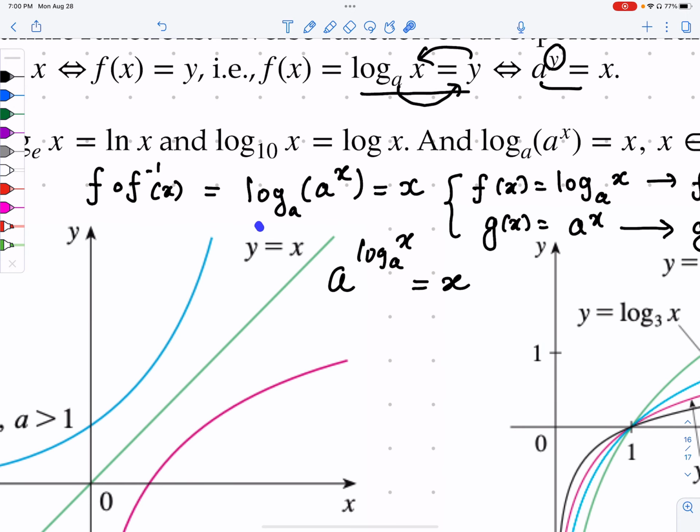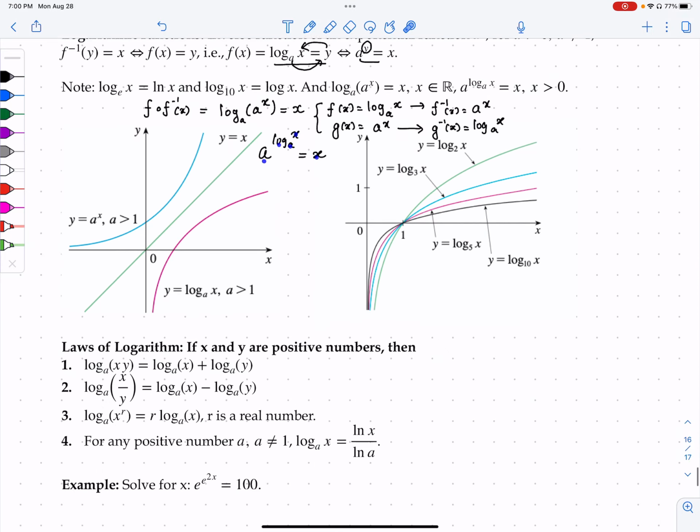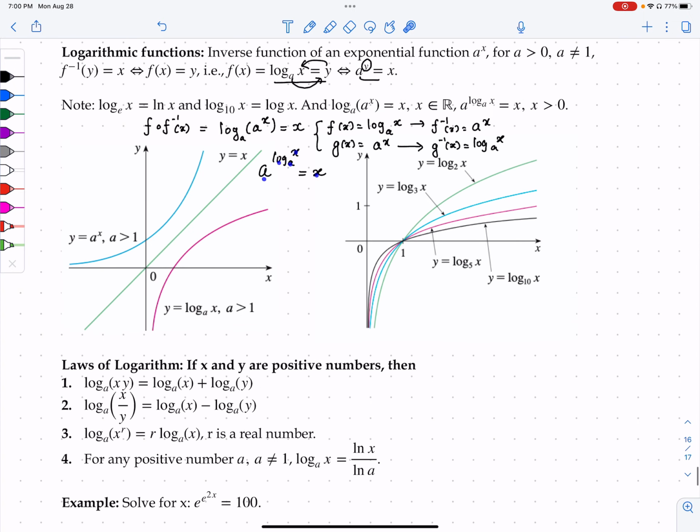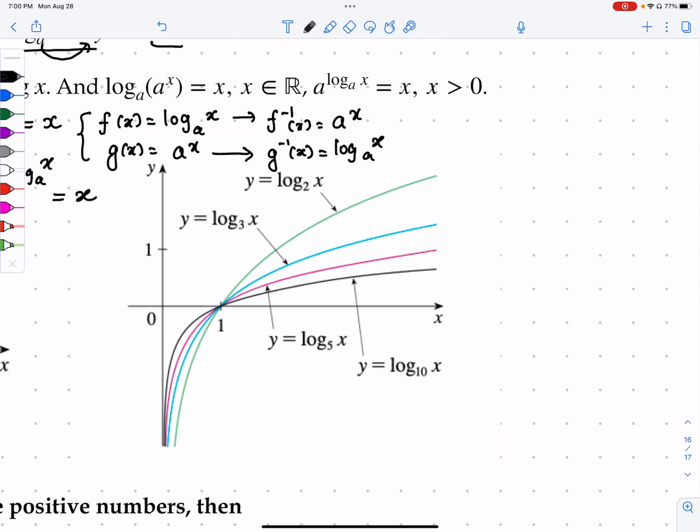Log a to the x base a is equal to x, and a to the log x base a is equal to x. So in general, if I write it down, what I can say is the following: log 10 to the x base 10 would be x.